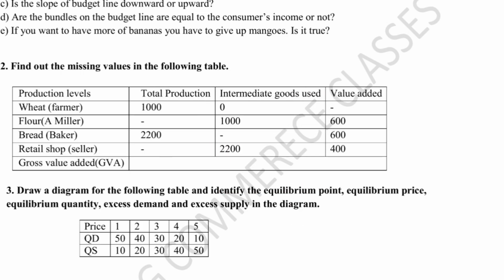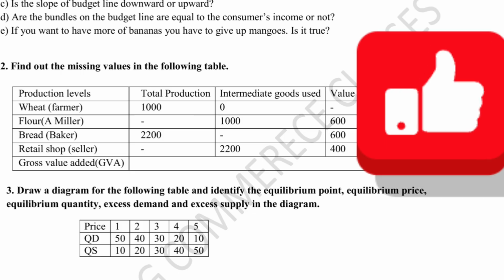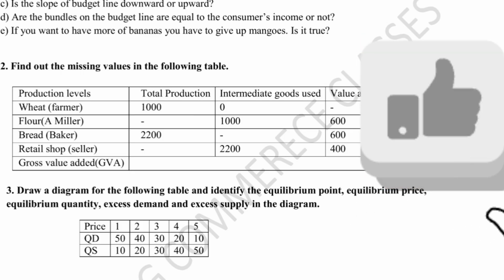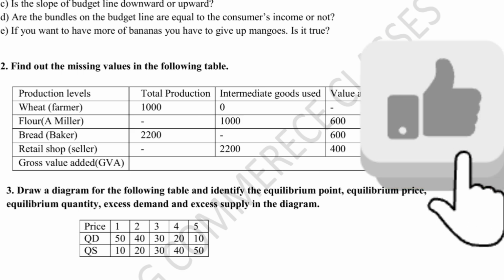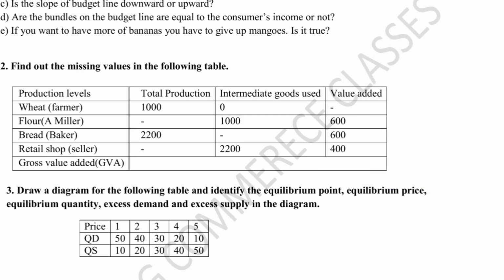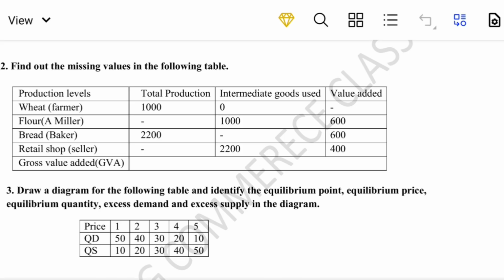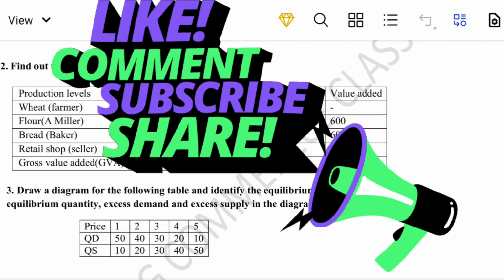For the wheat farmer, total production is 1000, intermediate 0, value added nil. Next, total production nil, intermediate 1000, value added 600. After that, total production 2200, intermediate 0, value added 600. Next, retail shop, total production nil, intermediate 200, value added 400. We need to calculate gross value added.